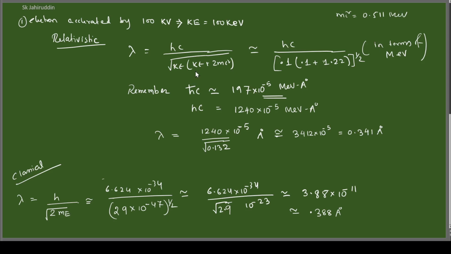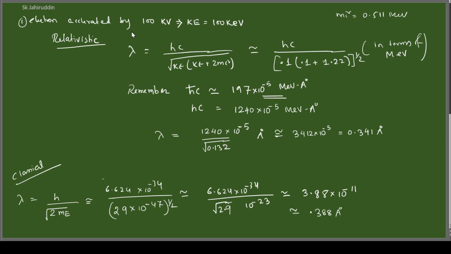Whenever I do a relativistic calculation, I'll try to write everything in units of keV or MeV. MeV will be better. So I write this KE and KE plus mc squared all in the unit of MeV. Why do I write MeV? I will substitute the hc result in MeV, so everything is in MeV, both here and here.